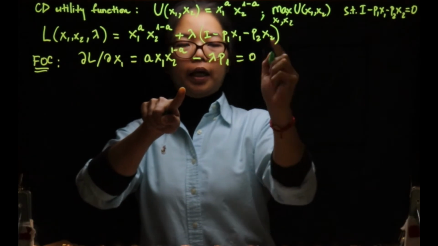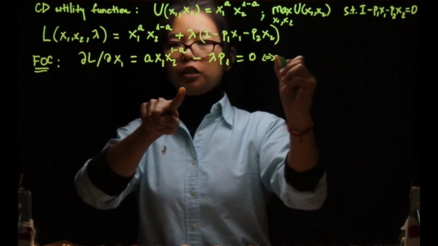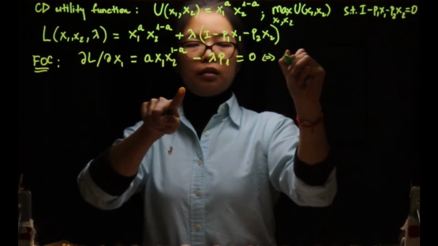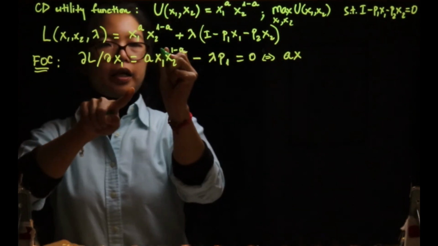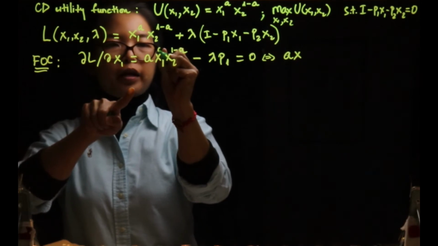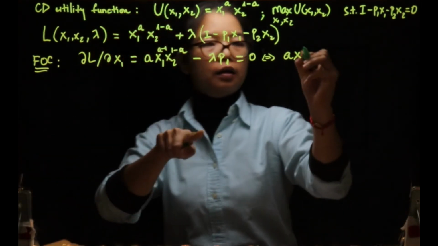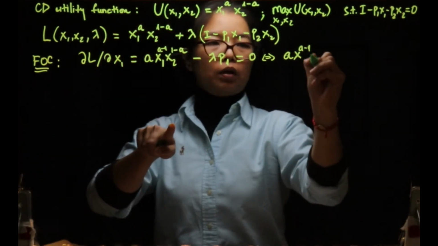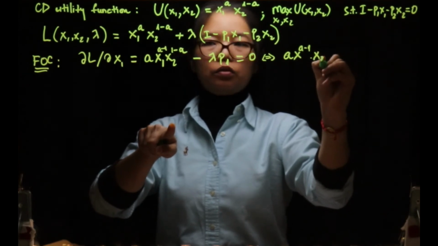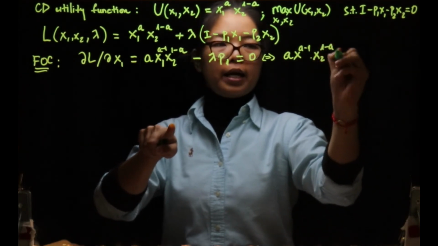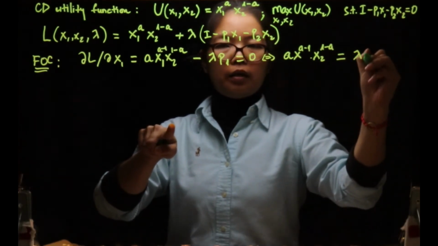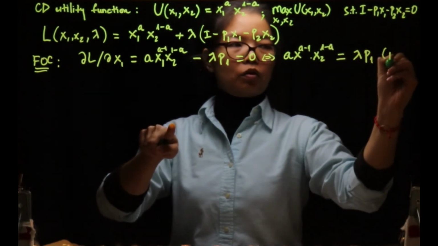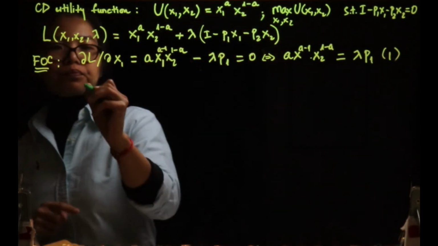And here we can already rearrange it a bit, equivalent to a times x1 to the power of a minus 1 times x2 to the power of 1 minus a equals lambda P1. Let's call it equation 1.